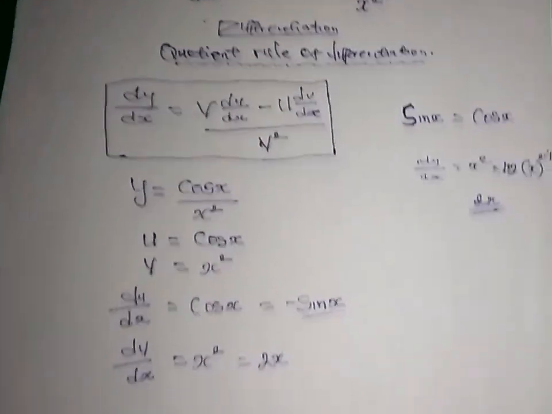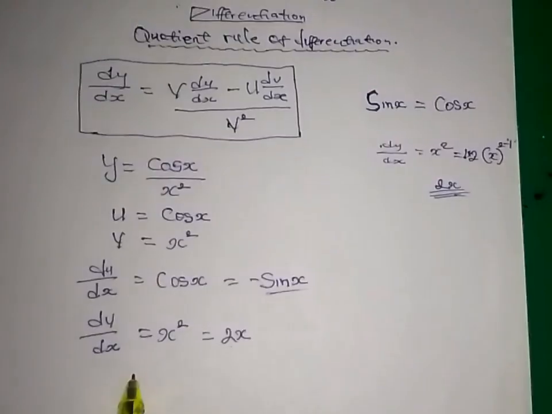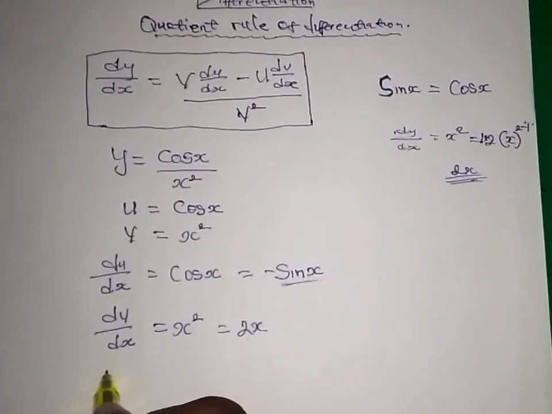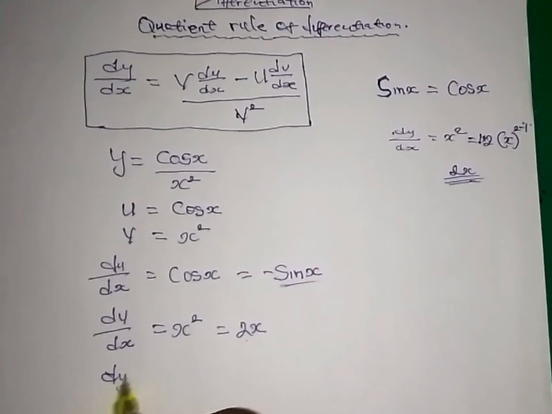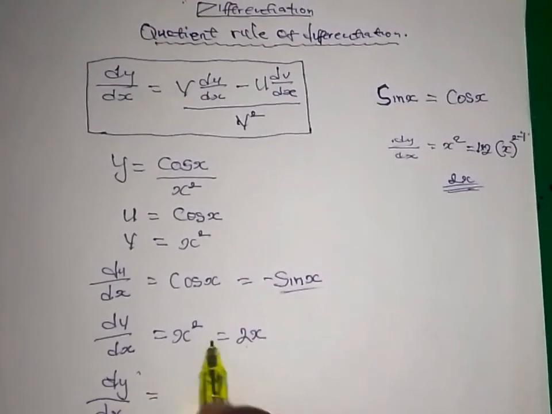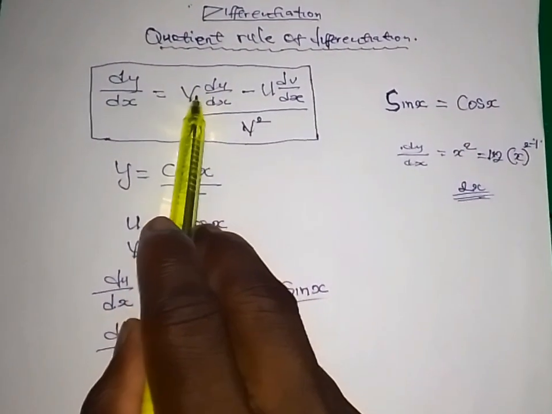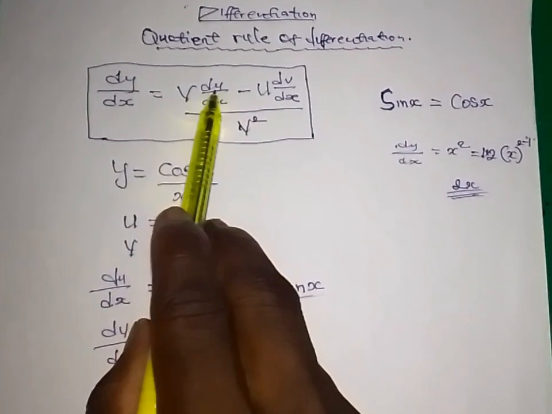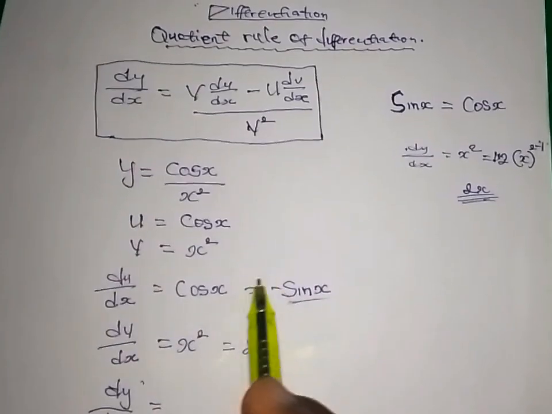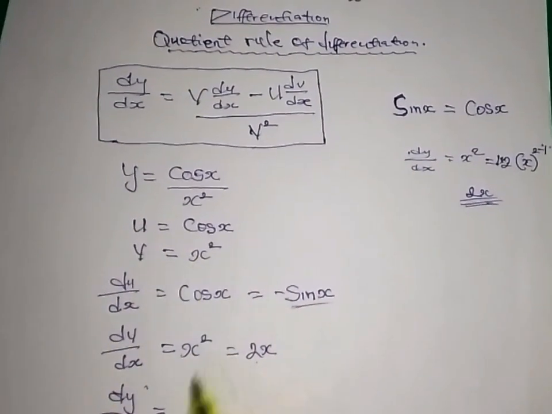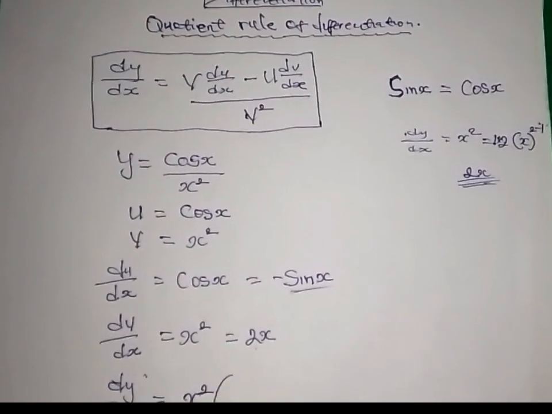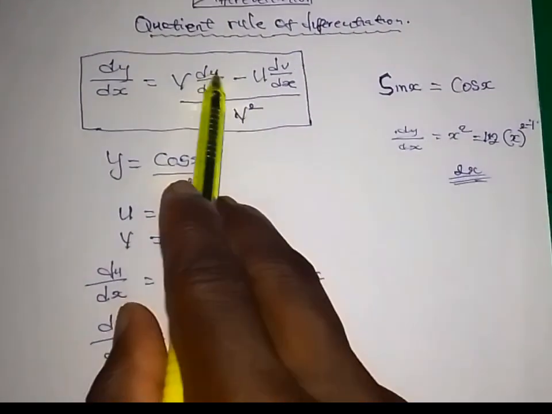Now let's proceed. Let's find dy all over dx. Dy over dx is equal to, now if you look into this formula, we have v multiplied by du over dx. What is our v? Our v is x squared, and multiplying by du all over dx.